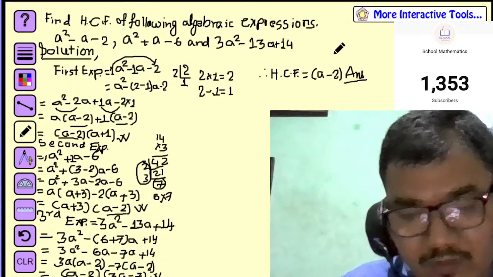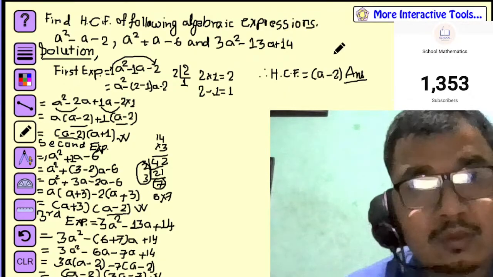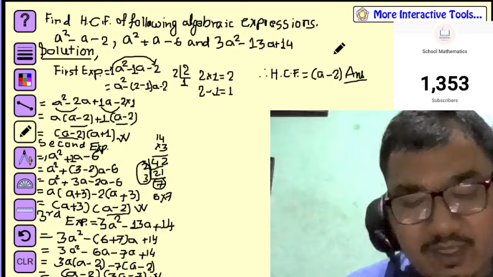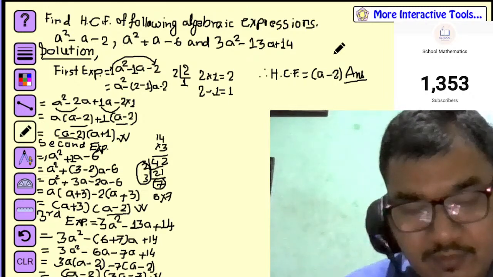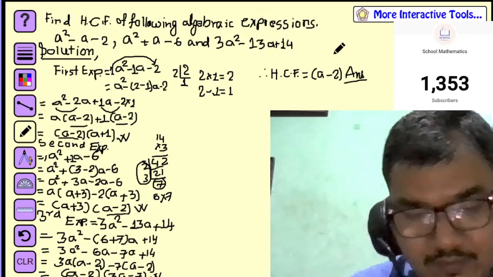Children, this is the way to find the HCF of the given expressions. It should be found like this.